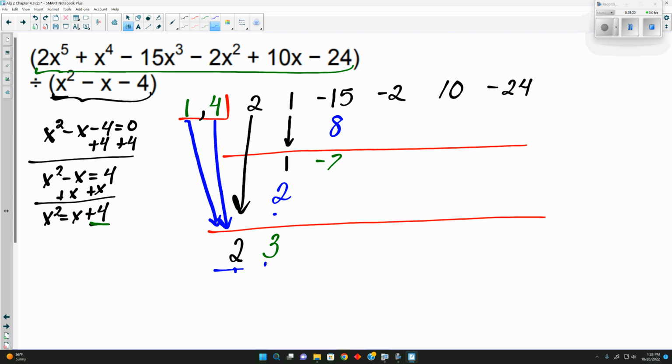We're going to do 1 times 3 now is 3. 4 times 3 is 12. Add straight down. So we have negative 7 plus 3 is negative 4. Up here, negative 2 plus 12 is 10.